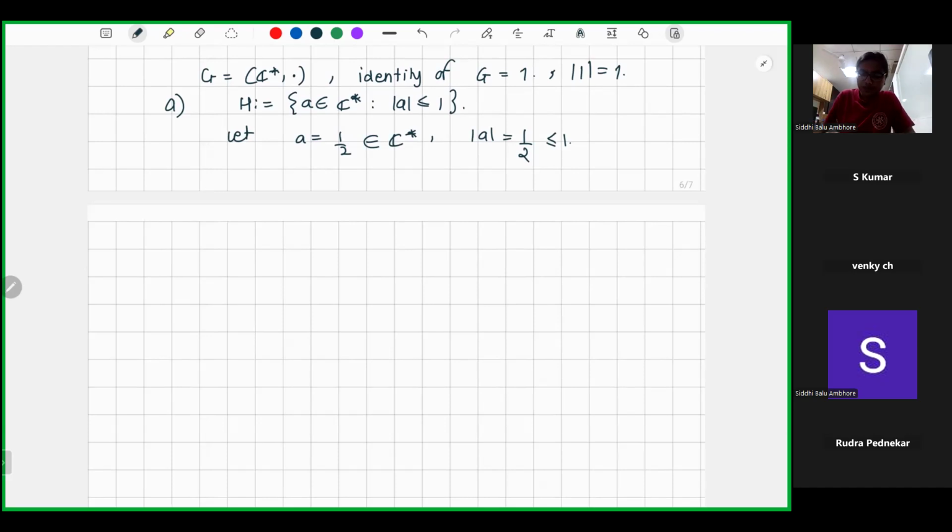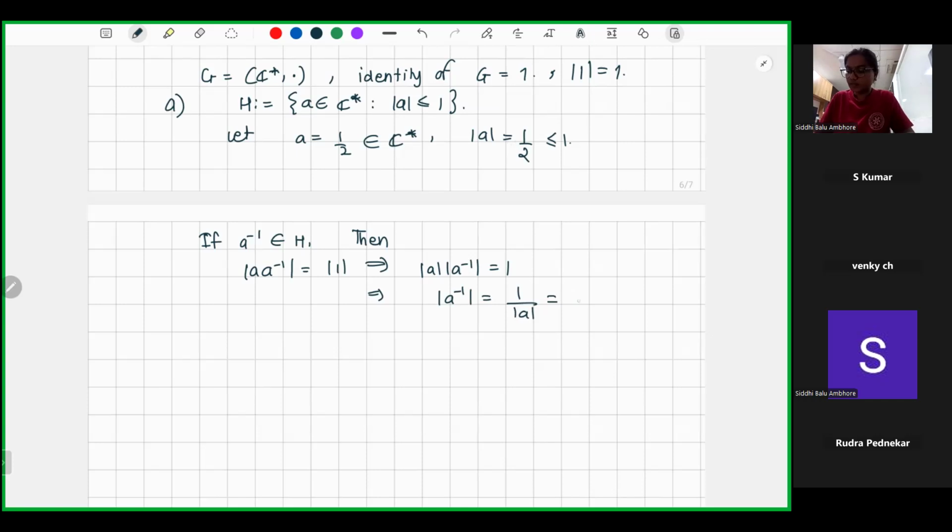So if A inverse belongs to H, then modulus of A inverse would be modulus of 1, and this will imply that mod of A into mod of A inverse is 1, and then mod of A inverse would be 1 by mod of A. This is here 1 by 1/2, so it becomes 2, and this is not less than or equal to 1, which is the property of this set H.